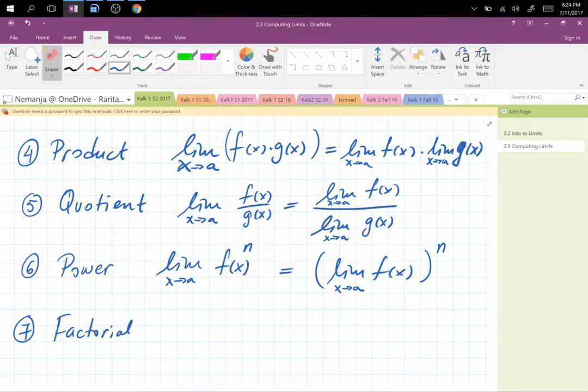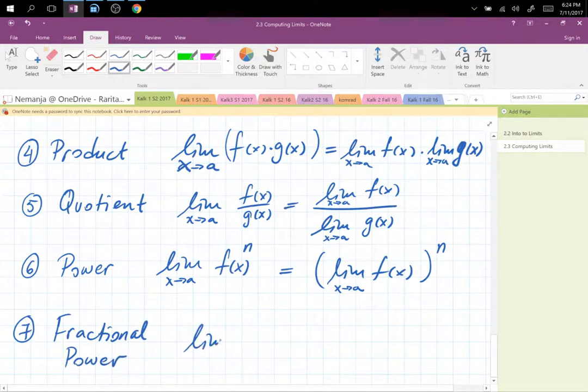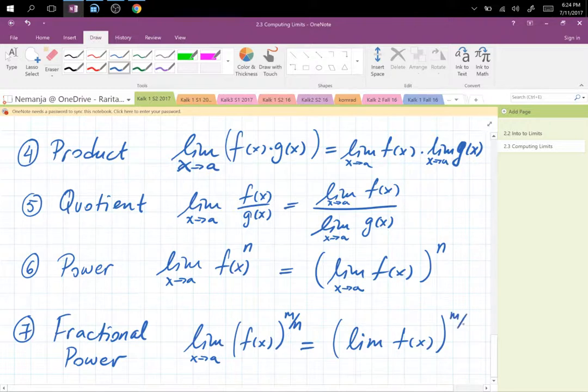I mean fractional, not factorial, fractional. So these are the rules for limits.